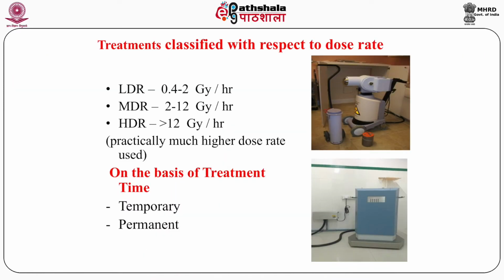Now it is further classified on the basis of dose rate. LDR, low dose rate, is where the dose rate is 0.4 to 2 gray per hour. This dose rate is very low. Second is medium dose rate, MDR, where the dose rate is 2 to 12 gray per hour.